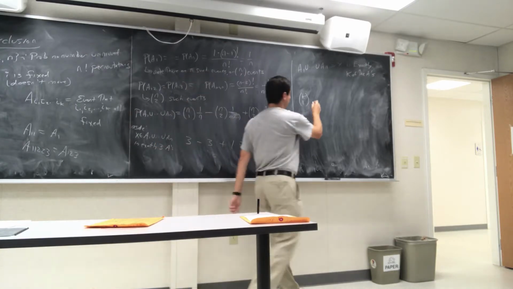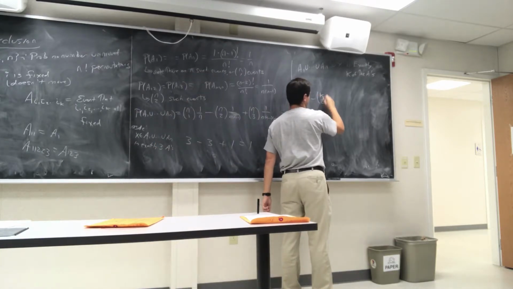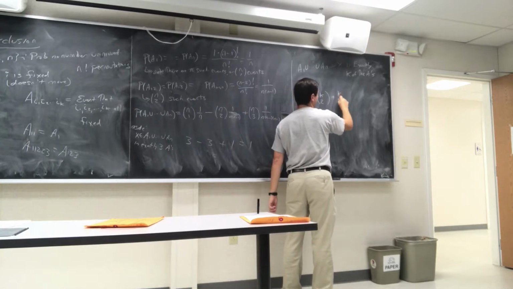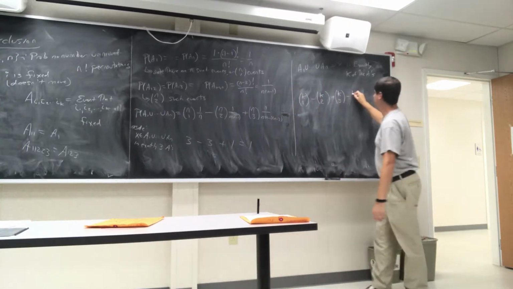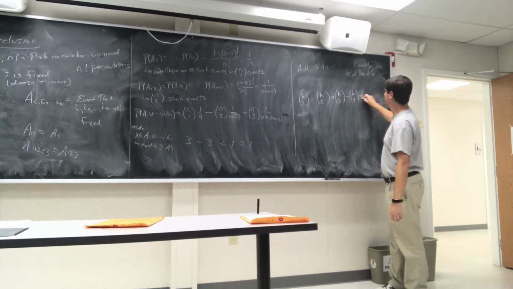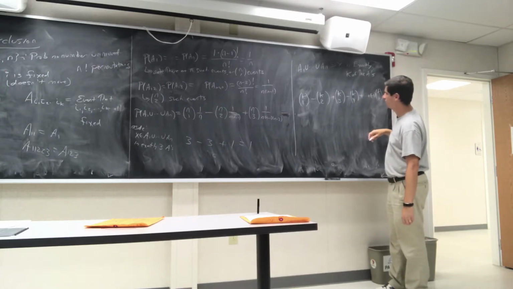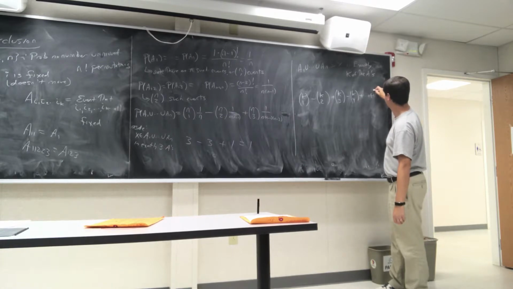So I would then subtract off k choose 2. Then I would add in k choose 3, subtract off k choose 4, all the way down to -1 to the k choose k. And so it'll be, I think, -1 to the k minus 1 power.